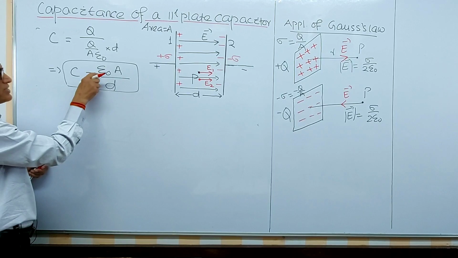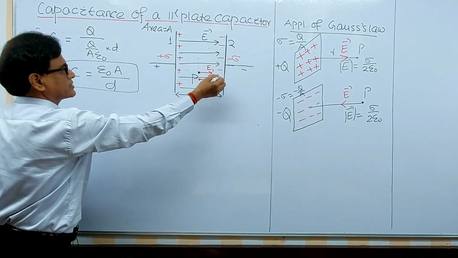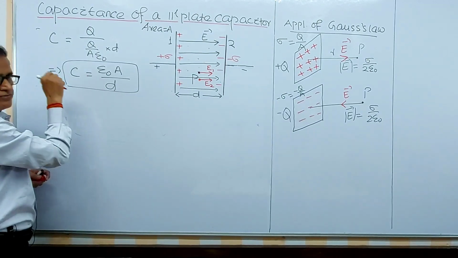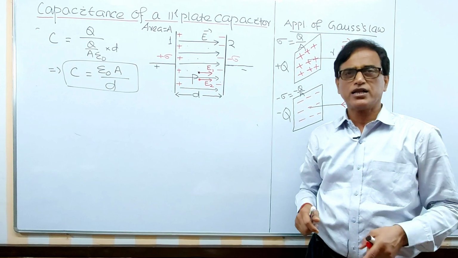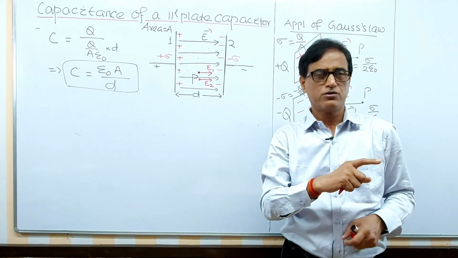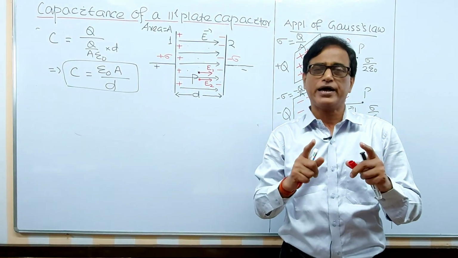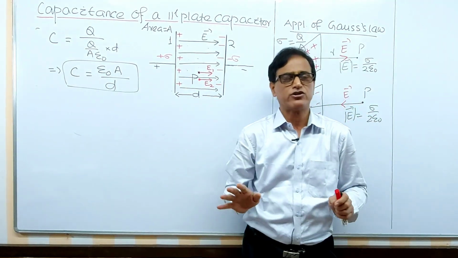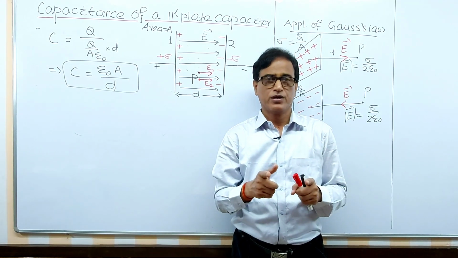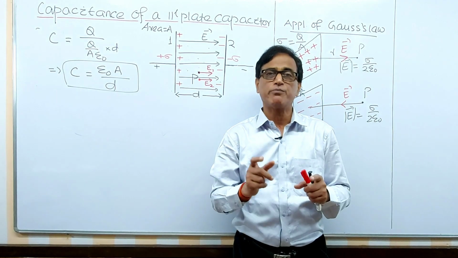Then if you change the material inside these plates of the capacitor, dielectrics, this is the epsilon naught, epsilon 0 read as epsilon naught, and epsilon naught is nothing but what? Permittivity of free space or air. Free space and air are not same, remember. However, free space and air have approximately the same permittivity.